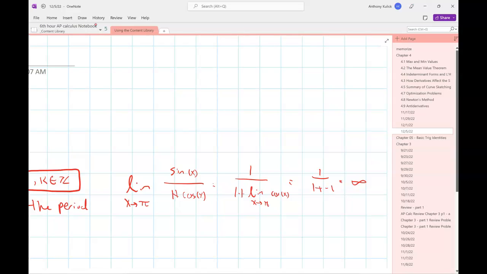Right, if you want to use a limit to do it, that's okay. I used algebra to figure out where I'm looking for my asymptote, and I can use a limit to verify that. So all I really needed to do was say pi plus 2 pi k, where pi is 1 per period.